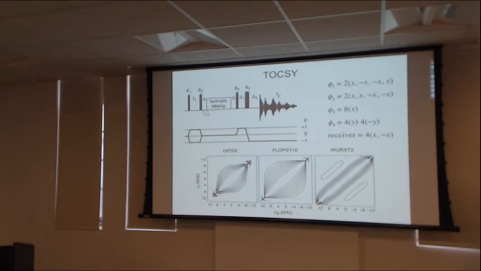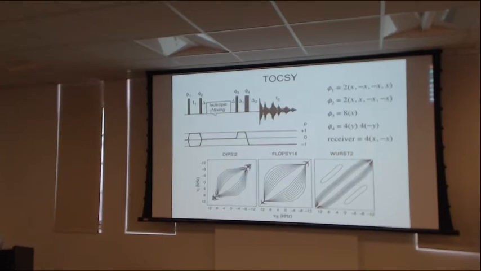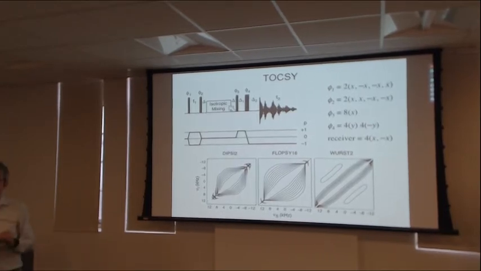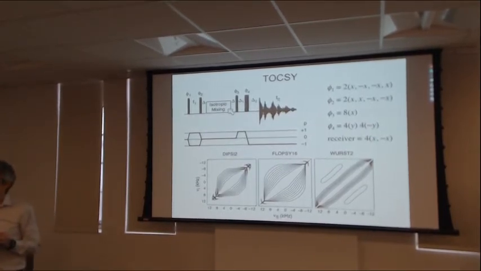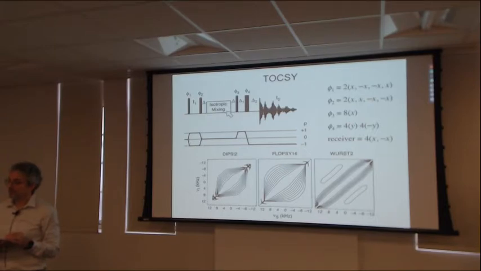Nowadays, one might well put gradients on during these delays to help clean up the spectrum at the end of the day. So now what happens here is an RF field is turned on for times comparable to 1 over the J coupling. For proton work, if you only want to transfer by 1 hop, that might be quite short, of order 25 or 40 milliseconds.